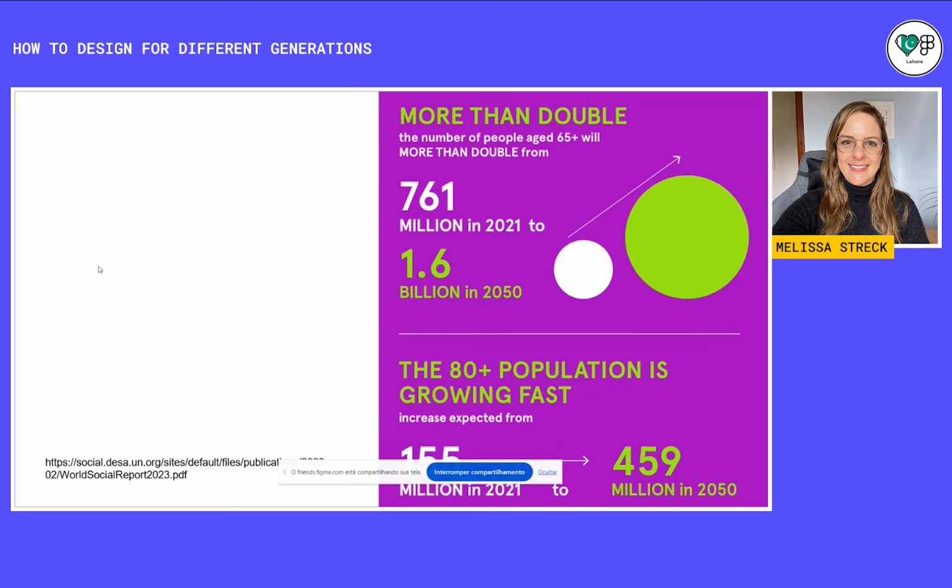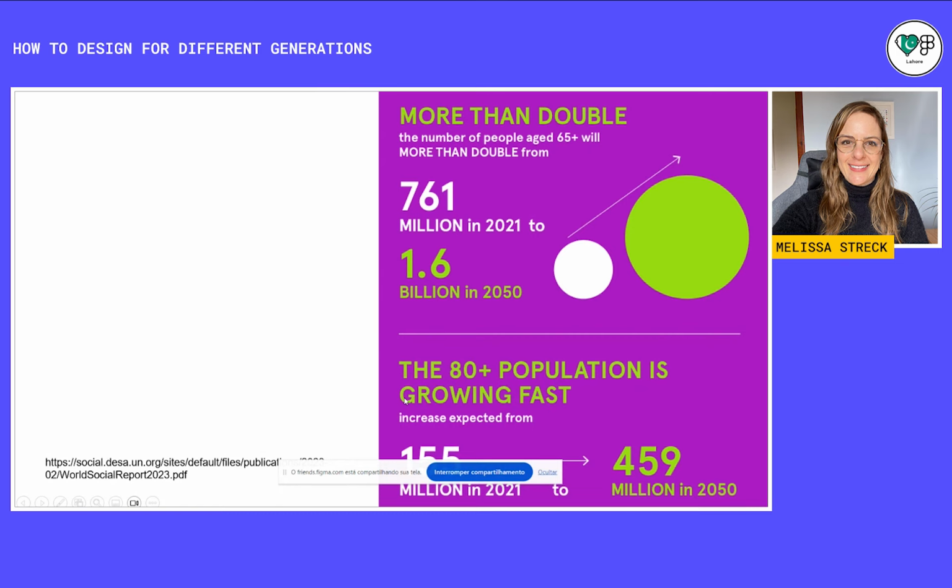Right now, this is a graph from a study in the World Social Report from 2023. It shows that the current population of people aged 65 plus is 761 million, a number from 2021, but this will grow to 1.6 billion in 2050.